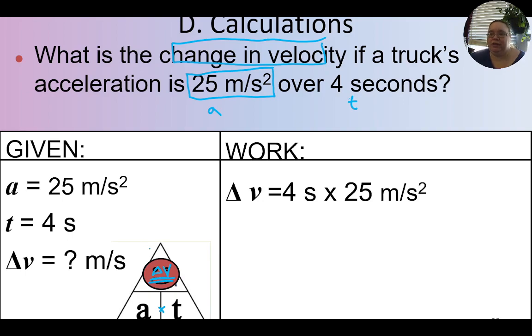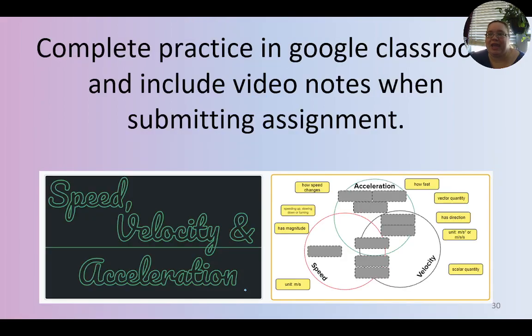Really, if I was doing it in order, I would have done 25 times 4, but it doesn't matter. You get the same answer. 25 times 4 gives you 100 meters per second. So the change in velocity is 100 meters per second. So maybe I'm going from 0 to 100 or from 25 to 125. It doesn't matter because we were just looking at the change in the velocity.